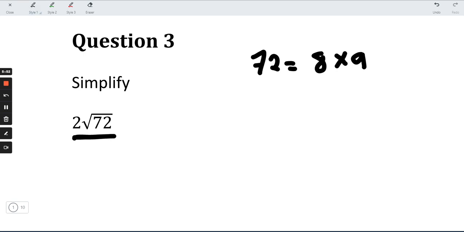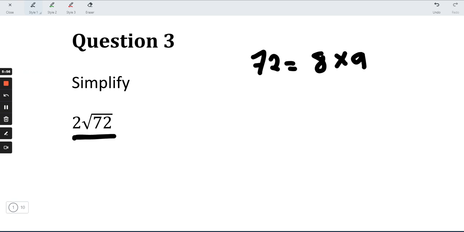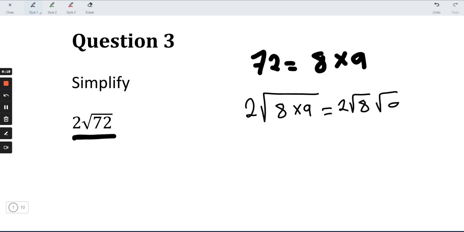So here 2 times square root of 72, we can change it to 8 times 9. We know that 9 is a perfect square, so we will distribute the square root to 8 and 9. So we'll get 2 times square root 8 times square root 9.